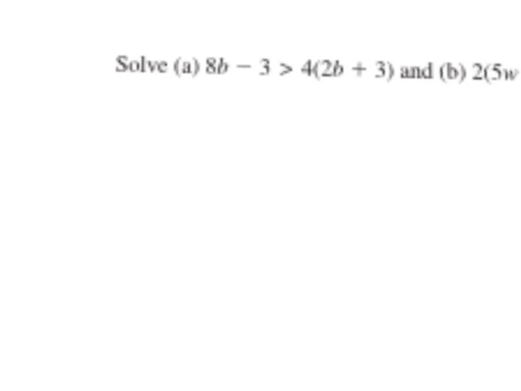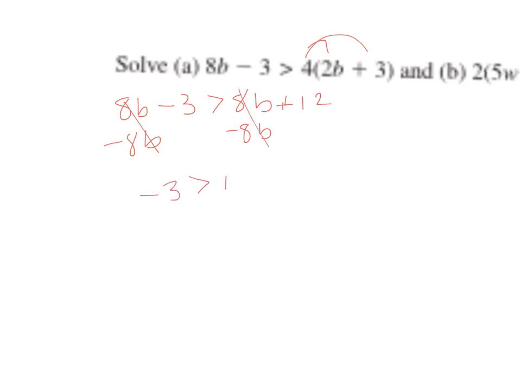So I've got 8b minus 3 greater than 4 times 2b would be 8b. 4 times a positive 3 is positive 12. Now I've got 8b and I've got 8b. So let's say that I minused 8b from both sides. My variables are going to go away. I get negative 3 is greater than 12.